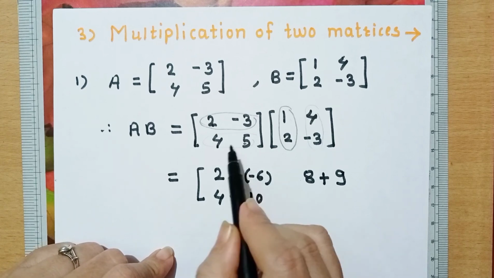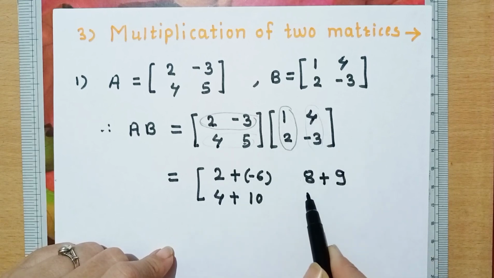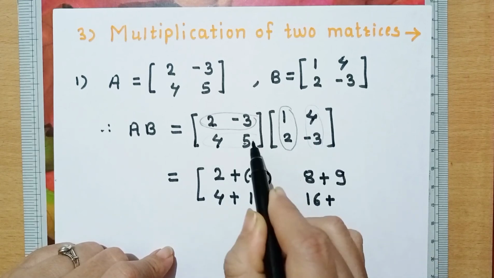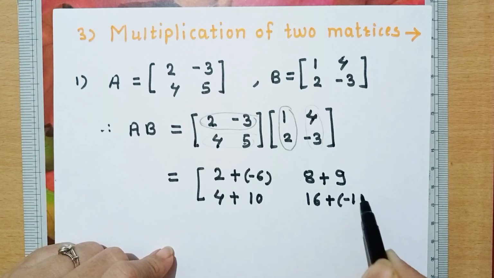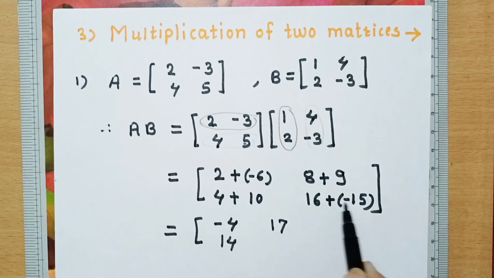And now to find this, the same second row and second column. So 4 4s are 16, then plus 5 times minus 3 is minus 15. Now just simplify, and so we have 2 minus 6 is minus 4. Now 8 plus 9 is 17, this is 14 and 16 minus 15 is plus 1. So this is multiplication of two matrices, and do the same for the 3 by 3 matrix also.